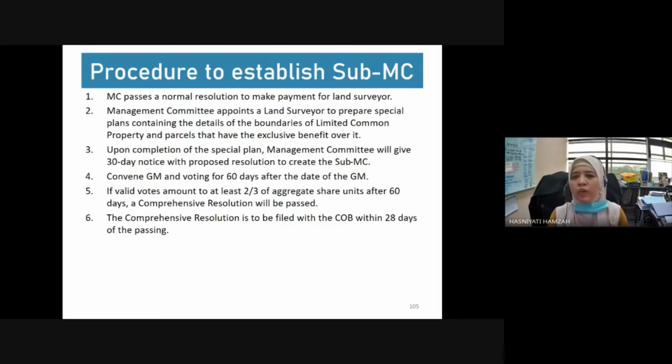Kemudian barulah you pass the comprehensive motion menjadi comprehensive resolution, and then you file with the COB within 28 days of the passing just now. File the COB. COB is, where can you find the COB?